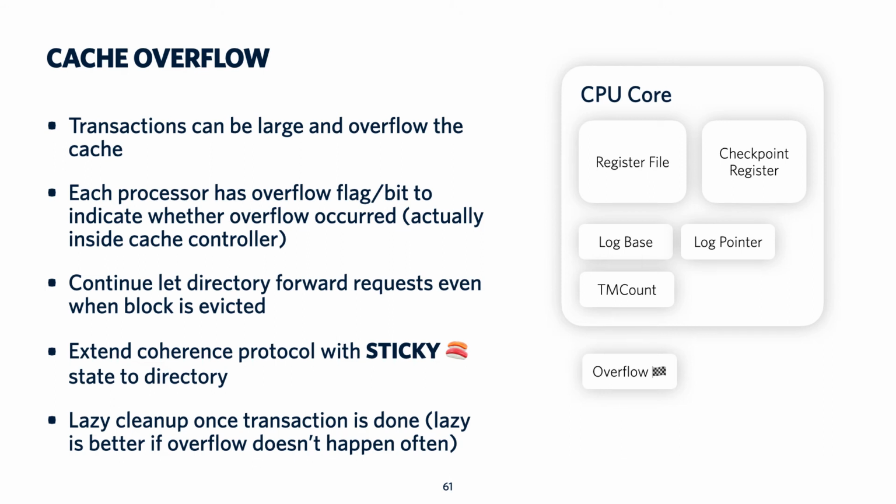Well, we add a sticky state to the directory, so that even when the cache block is replaced inside the owner core, for example, the core that has the modified status, when other requests come in, we can still maintain the properties of transactional memory. And lastly, the reason that it's sticky is because we have this lazy cleanup, which is optimized if overflow doesn't happen very often.